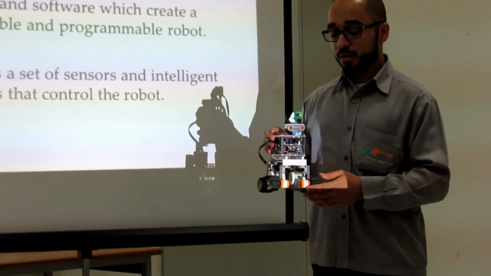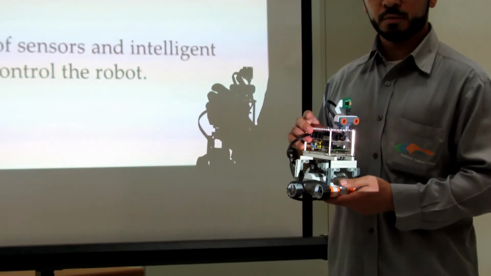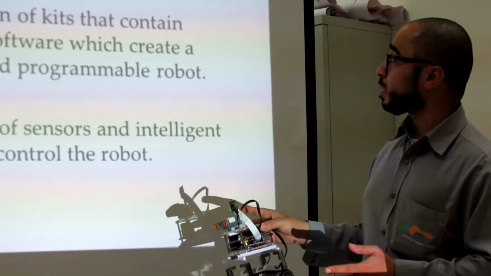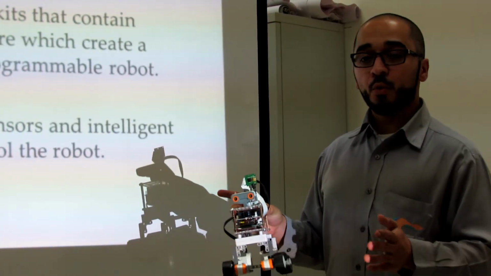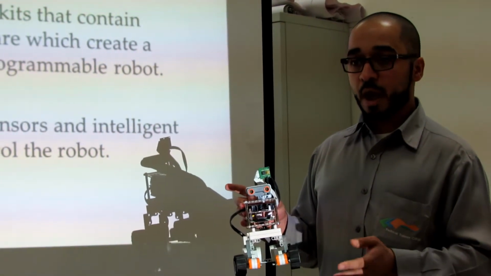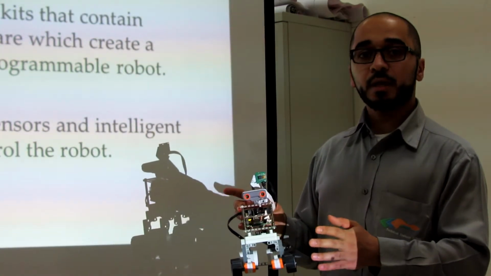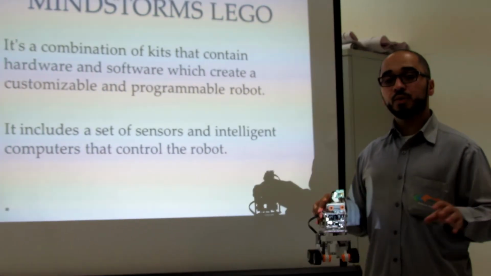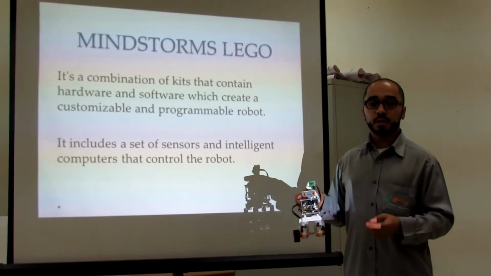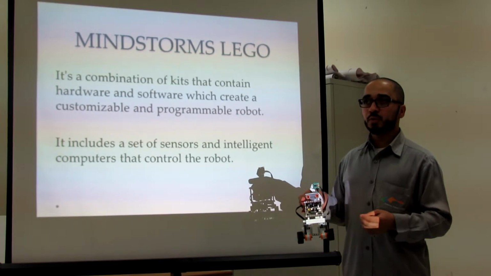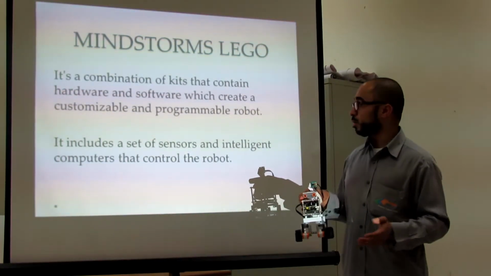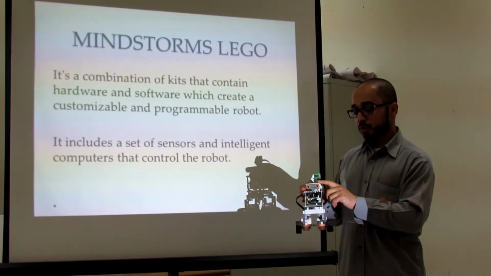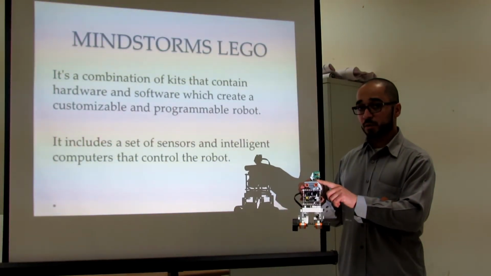The third part that I use to create this project is Mindstorms Lego. What is Mindstorms Lego? It's a combination of hardware and software kits which can be reprogrammed, and with it we can create a robot. It also includes a set of sensors, for example the EV3 sensor and many different kinds of sensors, including this ultrasonic sensor.